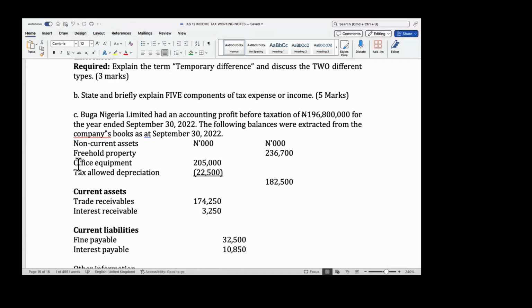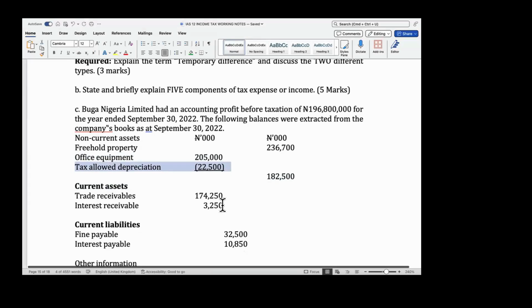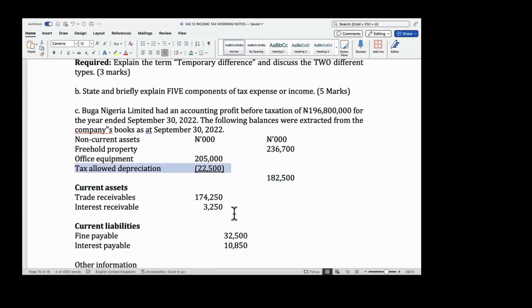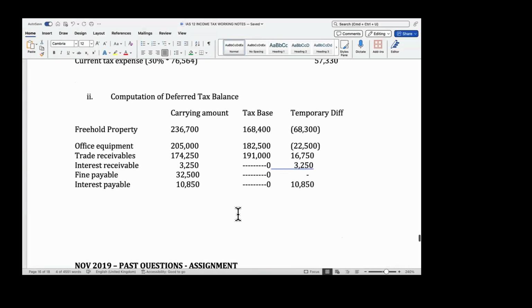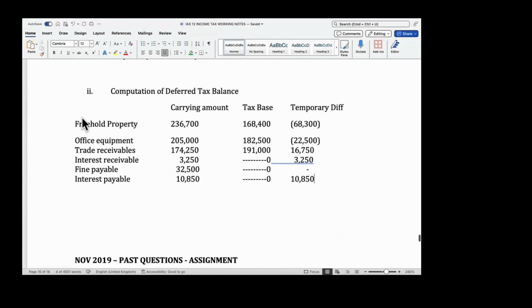So I think I should do it that way, because this question itself is not correct. What is capital allowance doing on the face of the account? It has no business there. So surely it was a mistake from their end. So I think, Ufoma, I agree with you. Let's do it the way you suggested. I think it's more technically correct if you look at it from what we have done in this class.